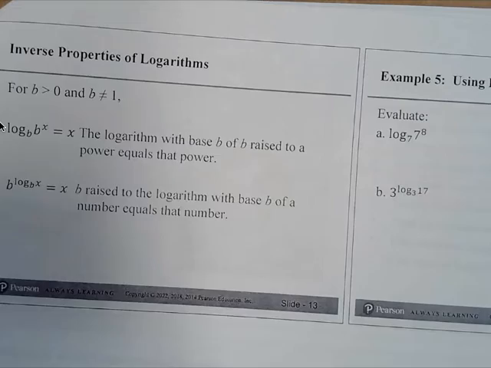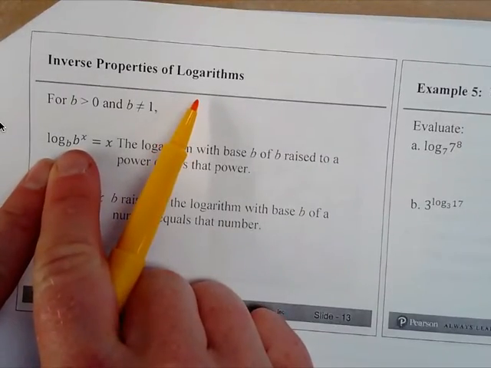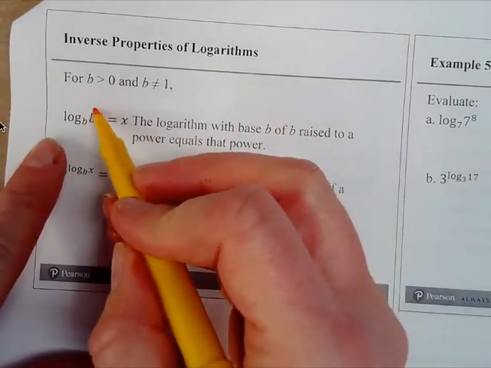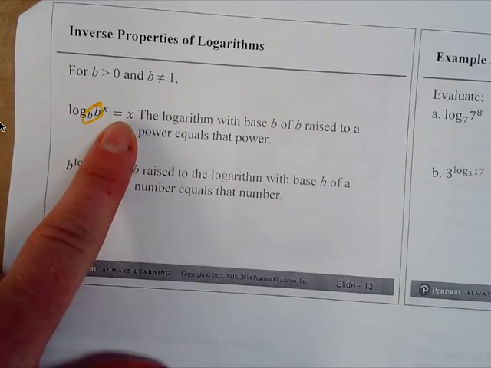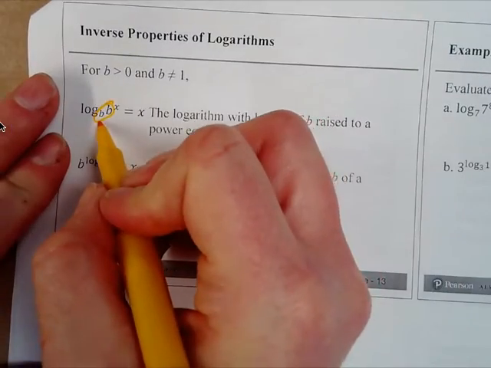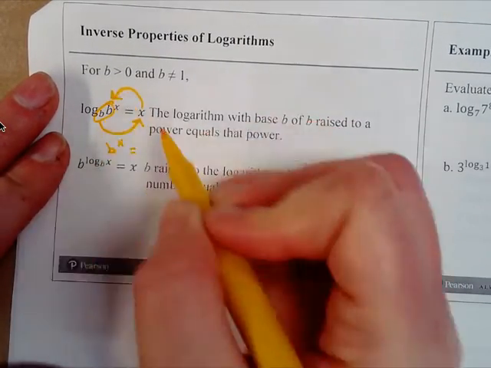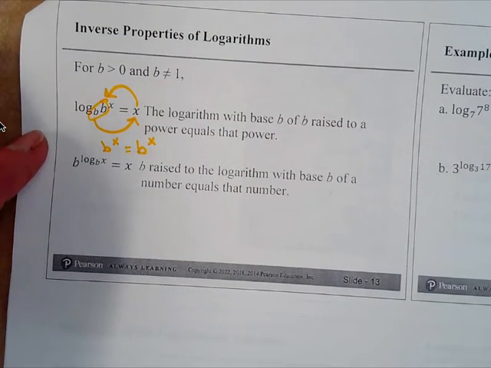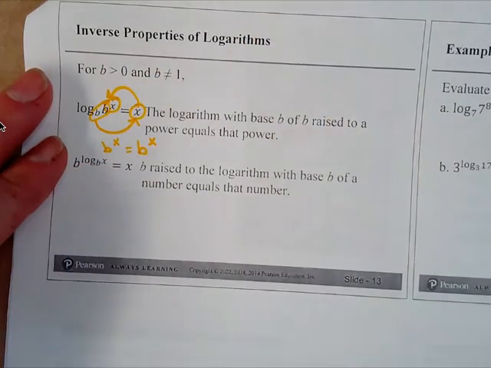Okay, inverse properties. So b has to be greater than 0, and b can't equal 1. So log base b of b raised to the x equals x. So these are the exact same. Your output is going to equal x. Because if you were to go b raised to the x equals b to the x, so just x equals x, these two values are going to be equal.